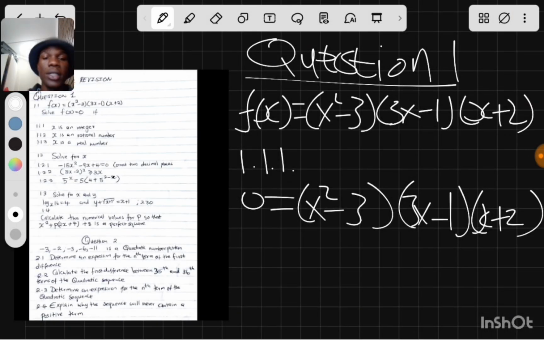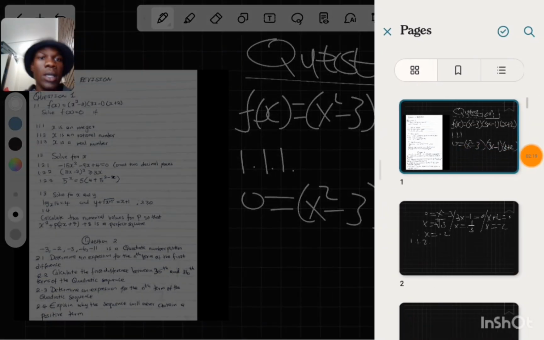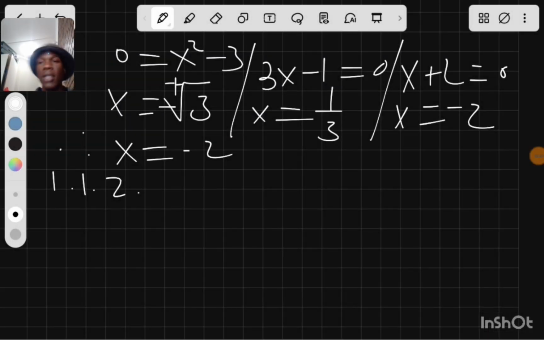Next, x is a rational number. What is a rational number first? A rational number is a number that can be expressed as a fraction, a over b, where a and b are integers, but b cannot equal 0.